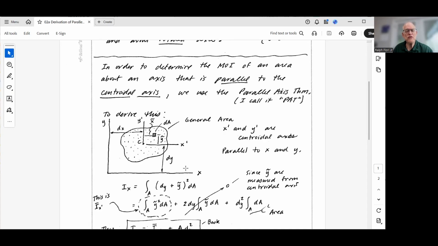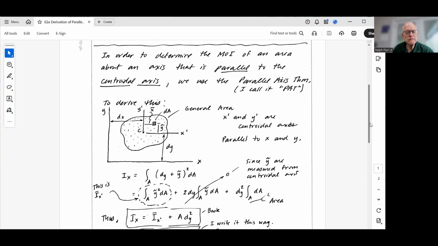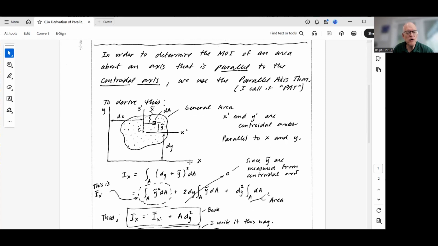So the picture we're going to draw looks like this. We're going to draw an XY coordinate system. We're going to draw an area. We're going to put centroidal axes at the centroid of that area, an X prime and a Y prime.